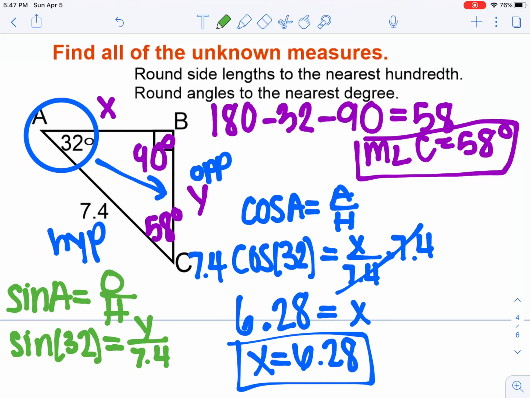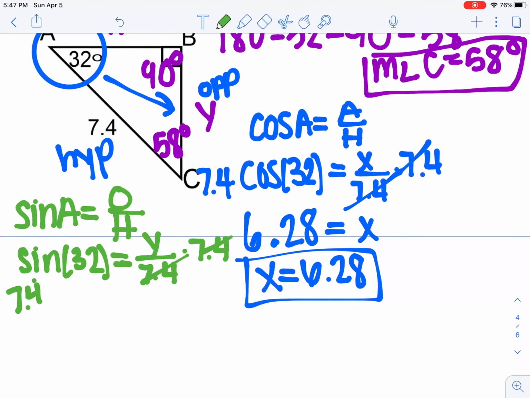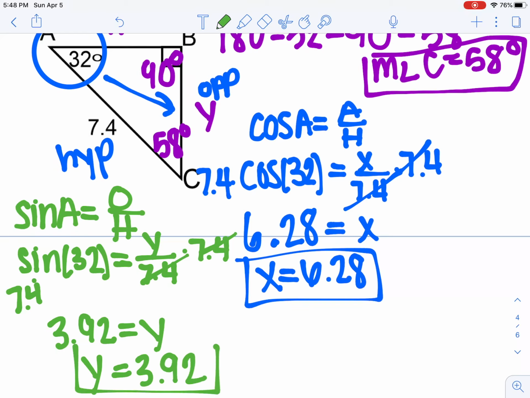Our opposite side we're calling Y, and our hypotenuse is still 7.4. So we can multiply both sides by 7.4. So 7.4 times the sine of 32 gives us 3.92. So side Y, or BC, equals 3.92.